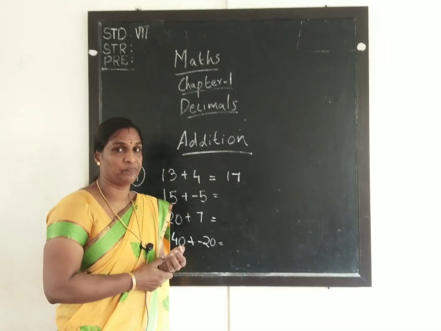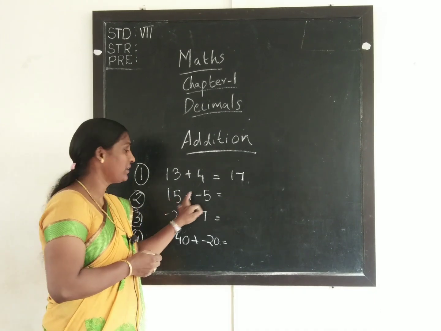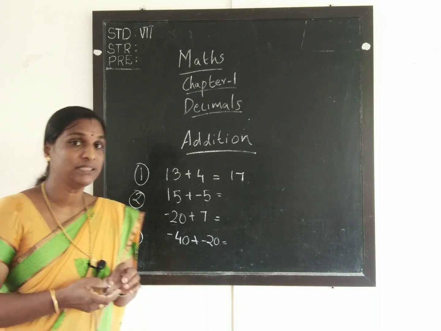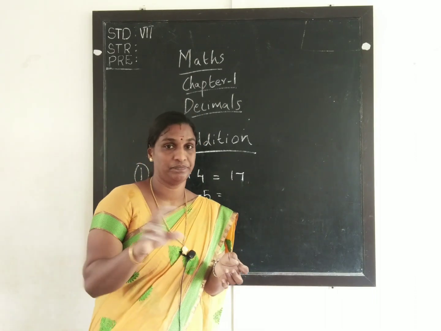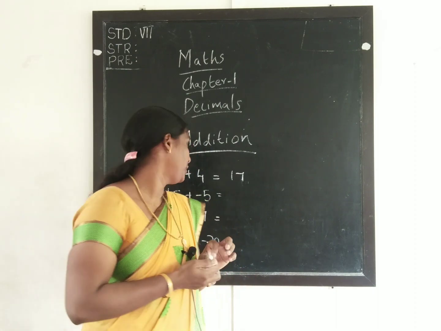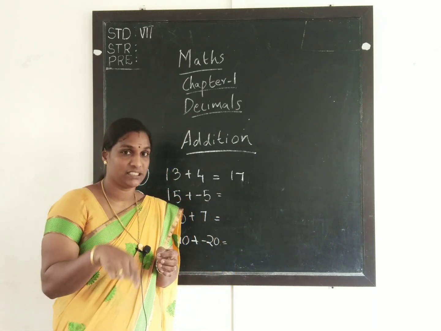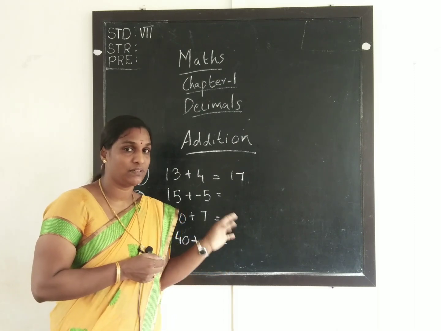You write it. The second question contains a positive number and a negative number: 15 plus minus 5. When we are adding numbers of two different signs, what will we do? You have studied. We have to subtract the smaller number from the greater number and write the answer. And what will be the sign of that answer?